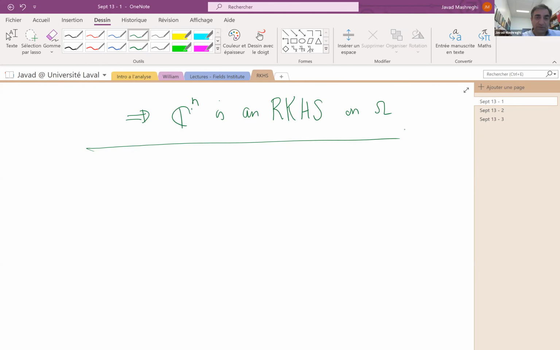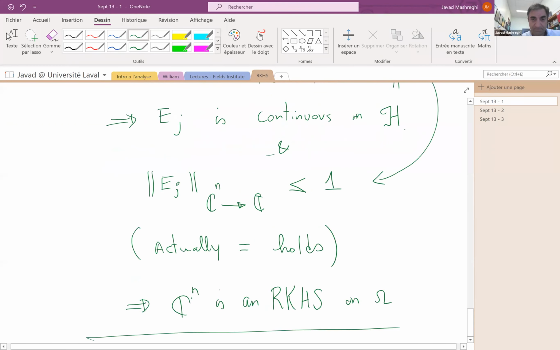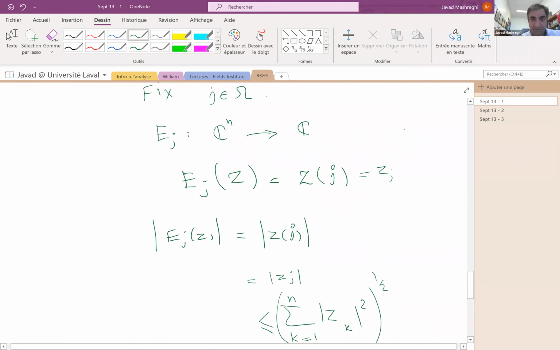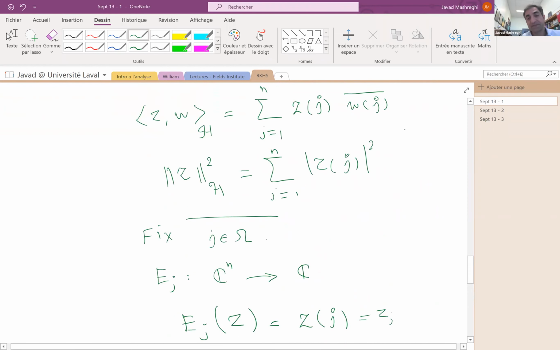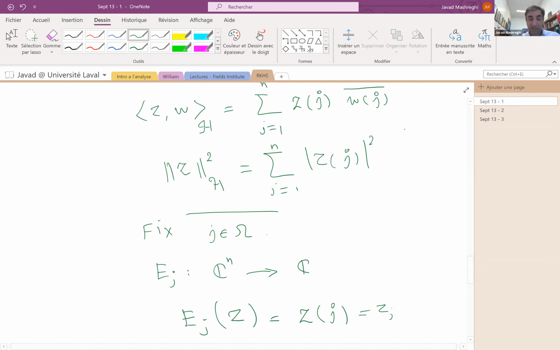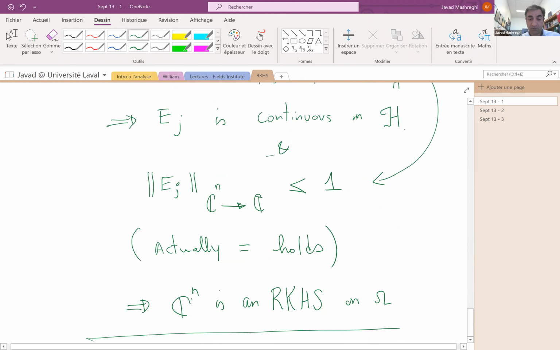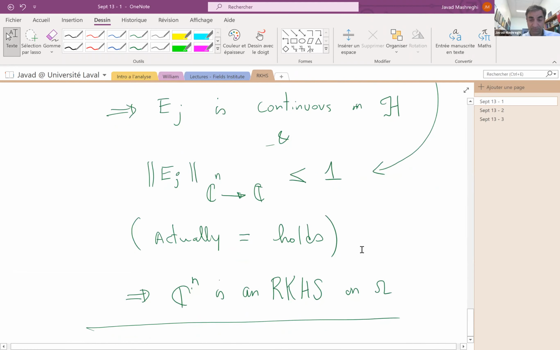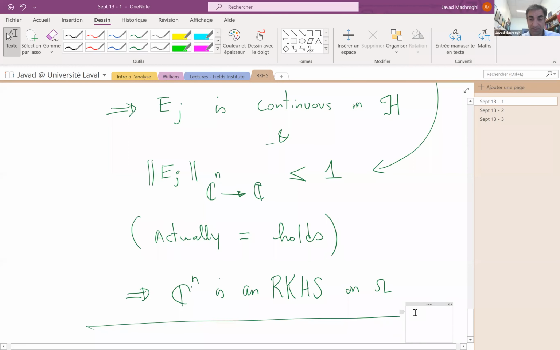We saw C^n as functions on omega such that the norm is defined by this sum. Omega is finite, so there is no convergence issue. We can take any omega, it doesn't matter how big omega is.